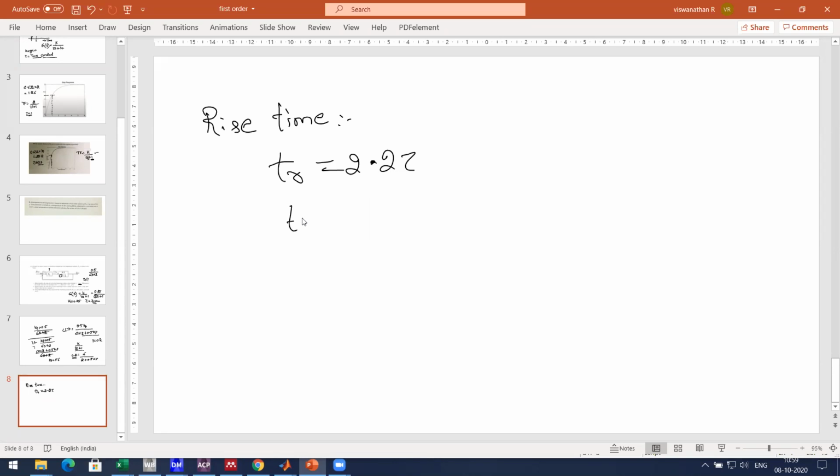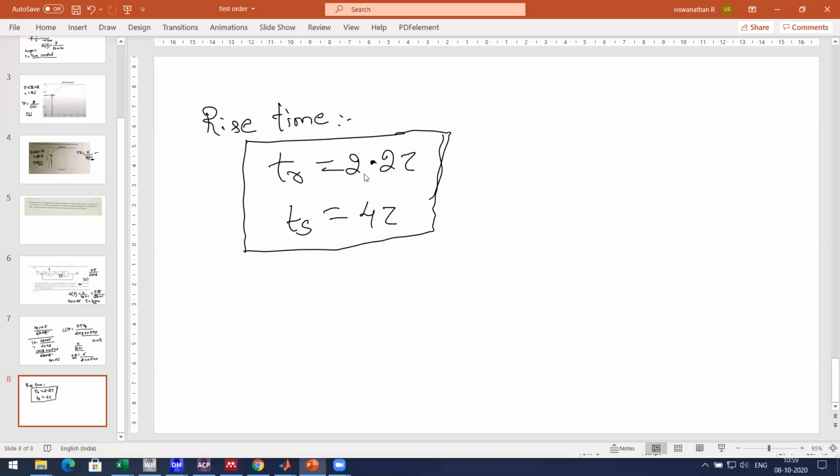Then settling time is 4 times tau. So these are the two formulas, just note them down. For a second order system we had formulas for rise time and so on; similarly for a first order system, rise time is 2.2 times tau and settling time is 4 times tau.